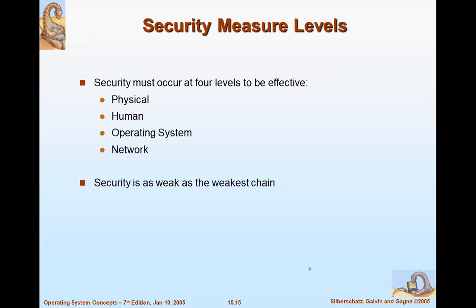Similarly, there should be a security guard as well as an administrator whose presence is confirmed 24 by 7 in the server room.